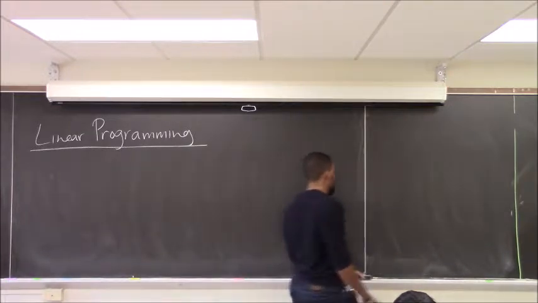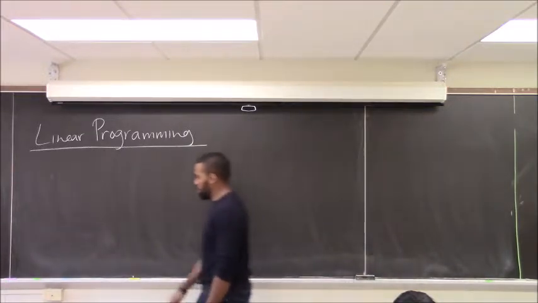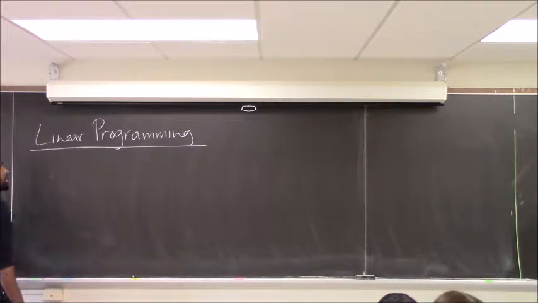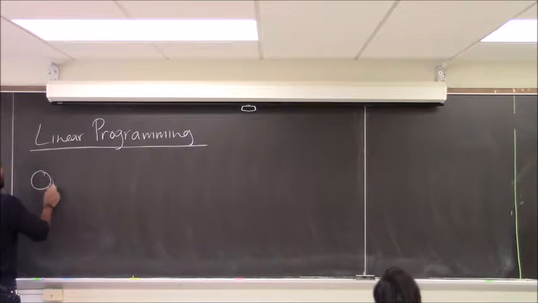Which is unbelievably useful in a business context. A lot of the models that you'll be working with will have a linear programming background. So the real goal here is an idea called optimization.